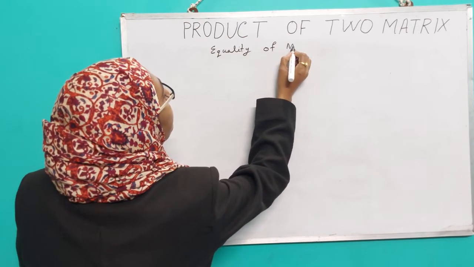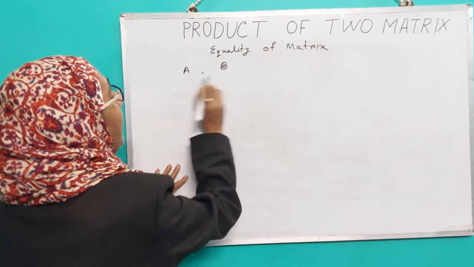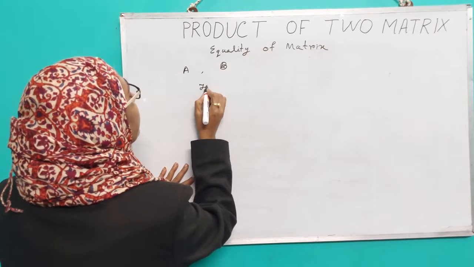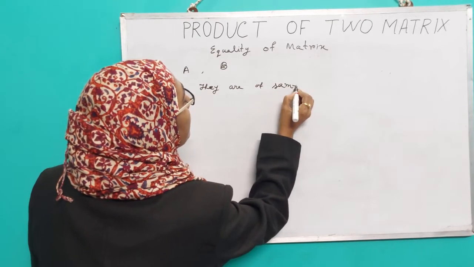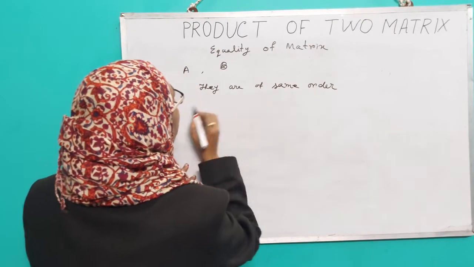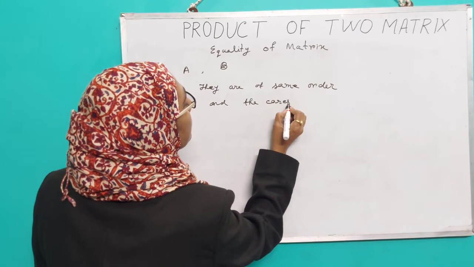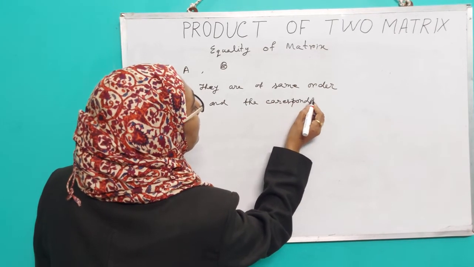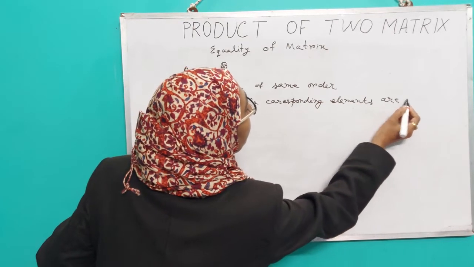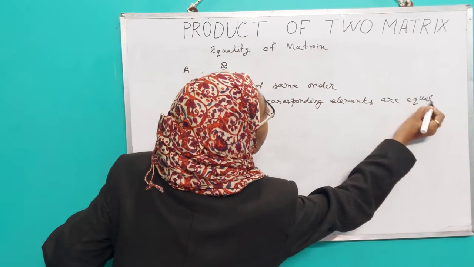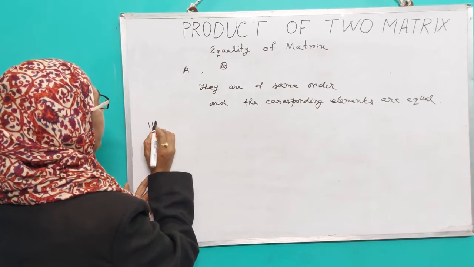Two matrices A and B are said to be equal when they are of the same order and the corresponding elements are equal.